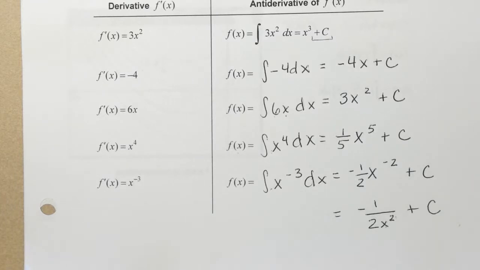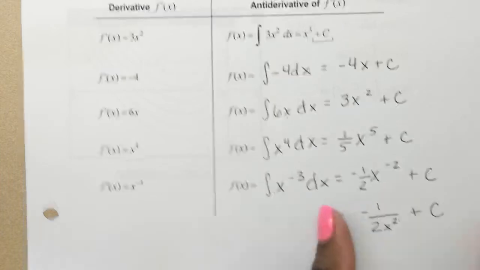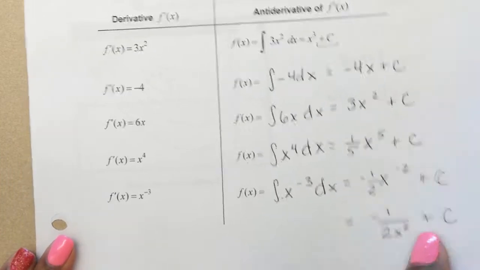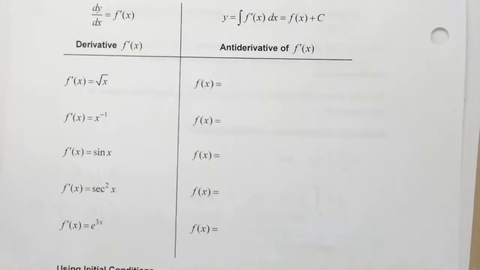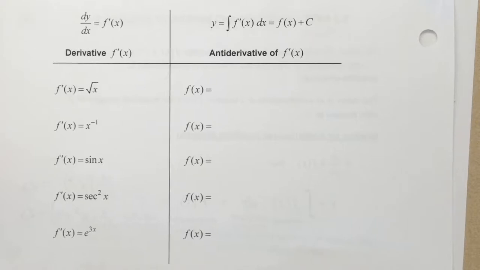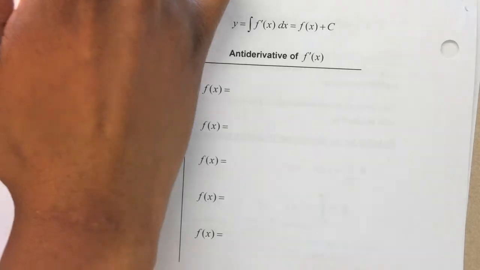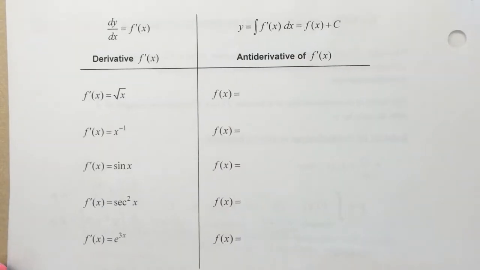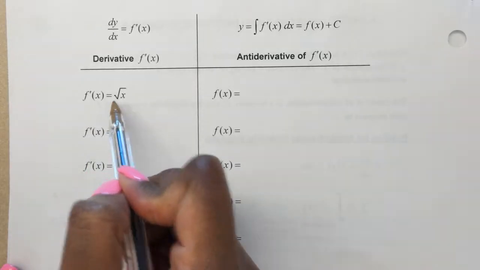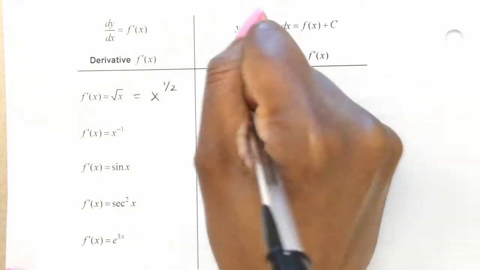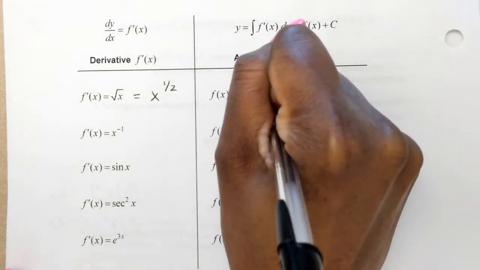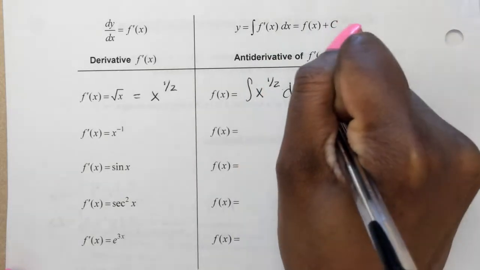Okay, so we have a few more examples on the next page. These examples on the next page look a little bit different, and we have to rearrange or rewrite some things to find those antiderivatives that we're looking for. So, this first one, the derivative is the square root of x, which we're going to rewrite as x to the 1/2. So then we are looking for the integral of x to the 1/2 dx.